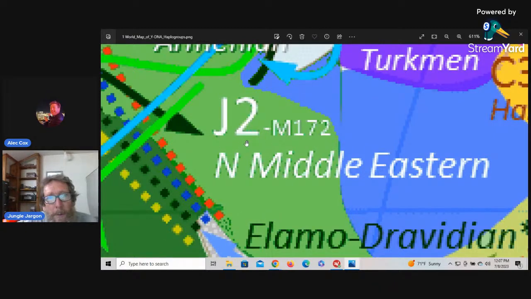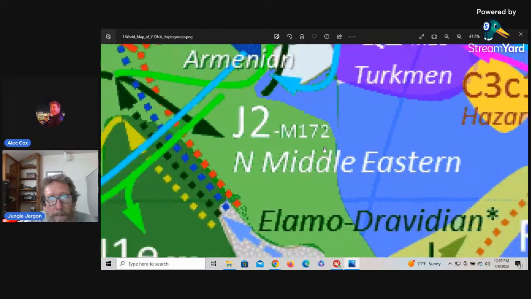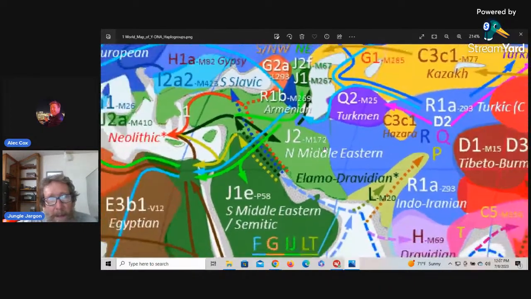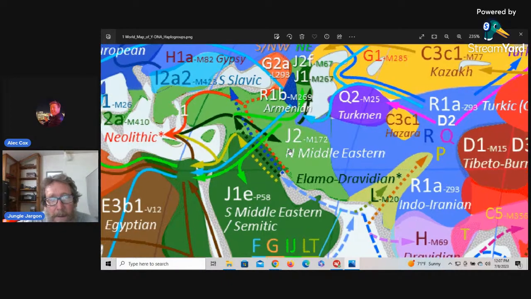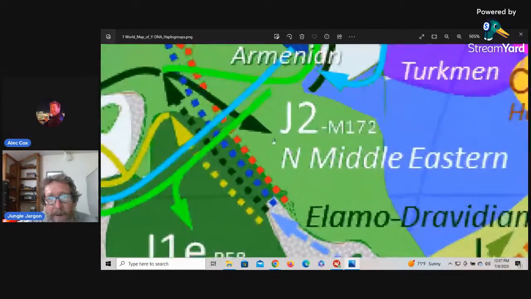This J2 goes up the Rhine River as the Ashkenaz, and down the Silk Road as the traders of the Silk Road, so even among the Uyghurs, their majority haplotype is J2, not J1, not I, not anything else.